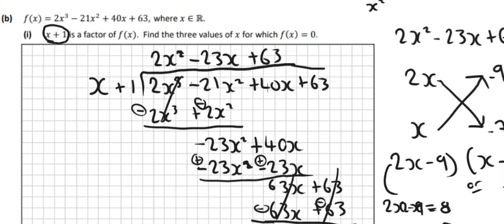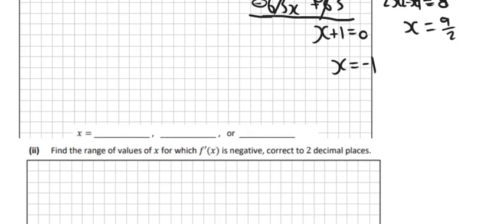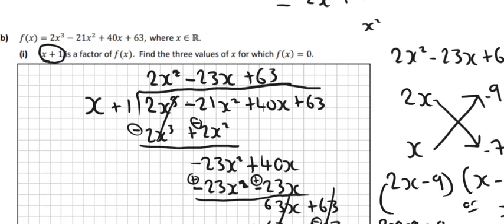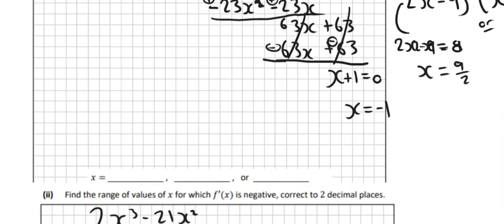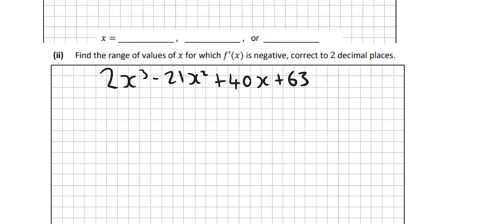Right, so f of x anyway is 2x cubed minus 21x squared plus 40x plus 63. So that's f of x. So we need to differentiate first anyway. That'll be some of the marks.